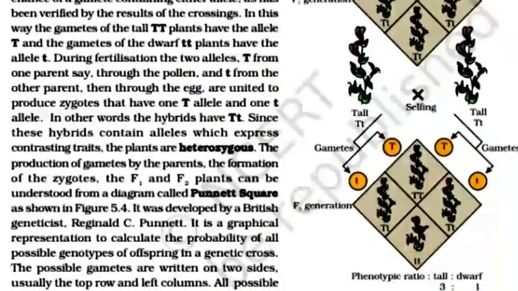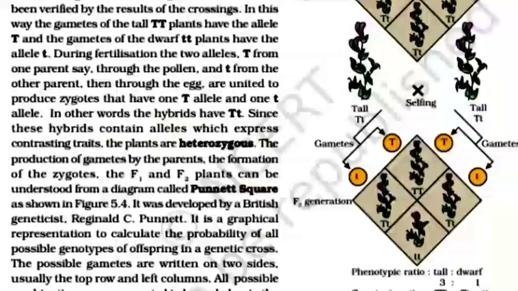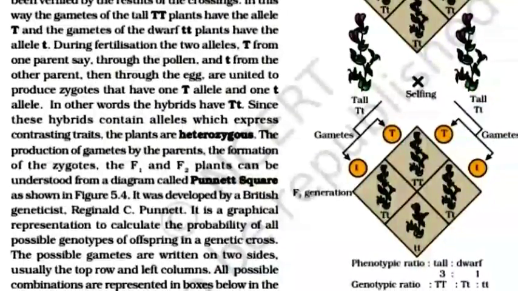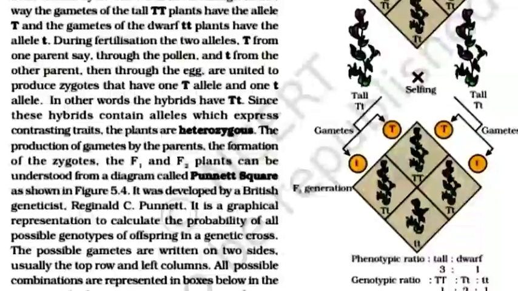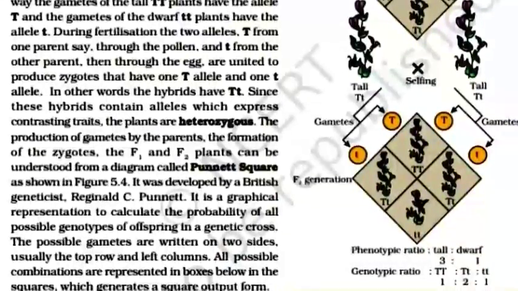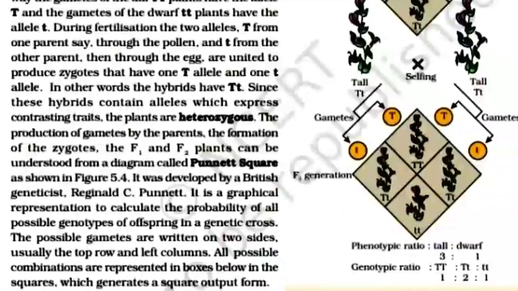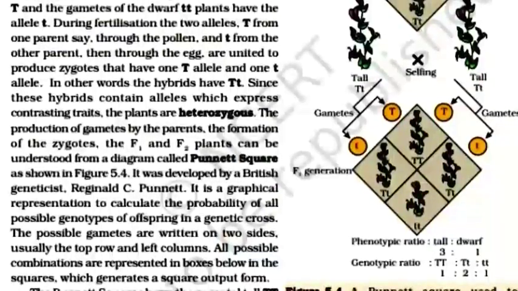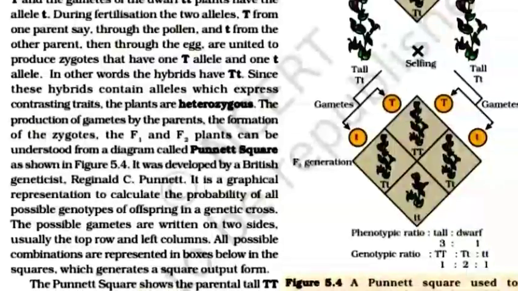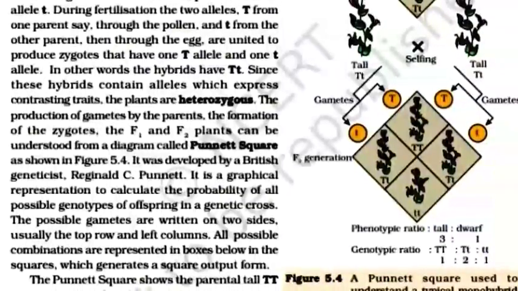In other words, the hybrid has capital T small t. Since the hybrid contains alleles which express contrasting traits, the plant is heterozygous. The production of gametes by the parent, the formation of the zygotes, the F1 and F2 plants can be understood from a diagram called the Punnett Square.